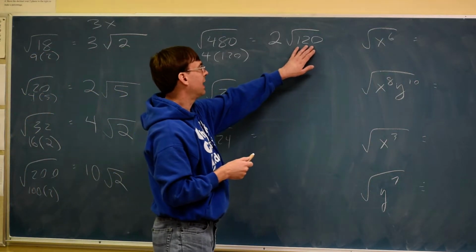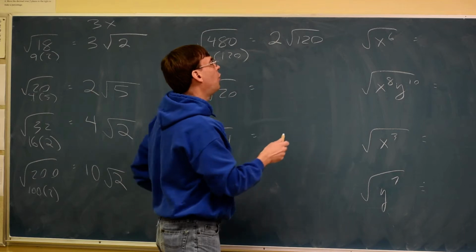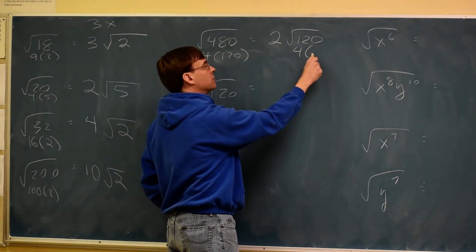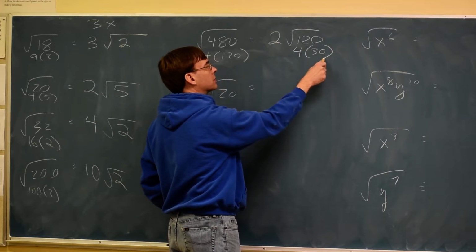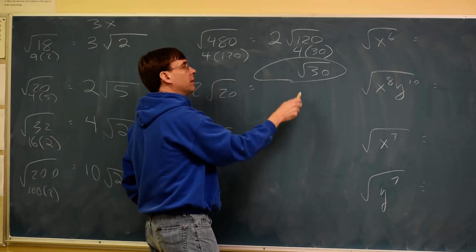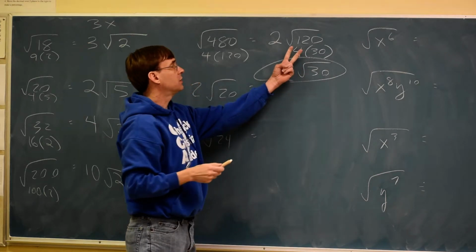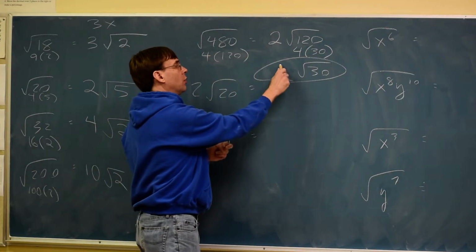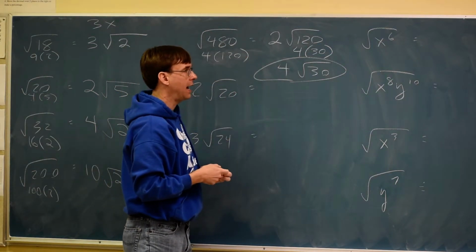Because if we rethink, can anything go into 120 still from our superstar list? 4 goes into that 30 times. So we're back to the 30 that we knew was coming. The square root of 4 is a 2 that would like to be in front and would multiply the other 2. And we'd be back to the 4 that we had.